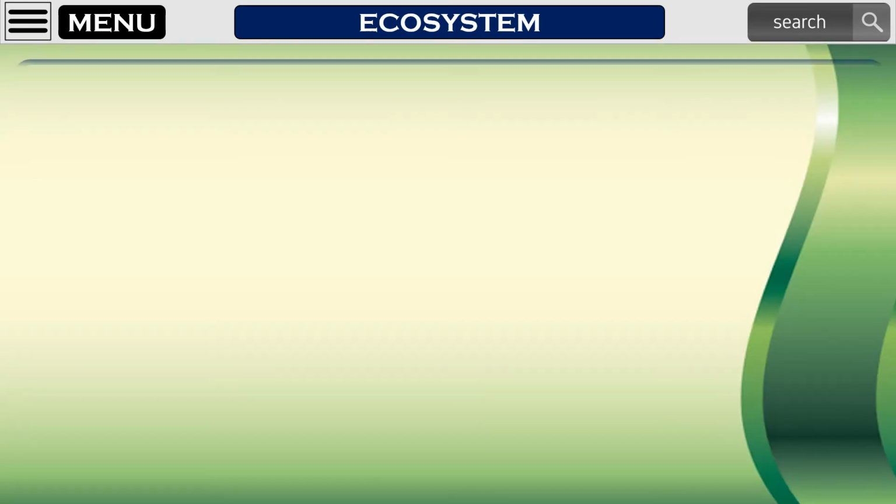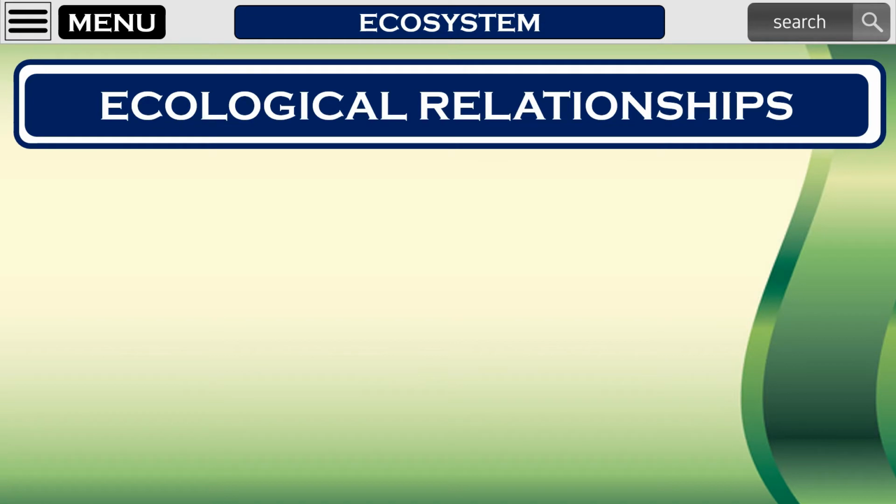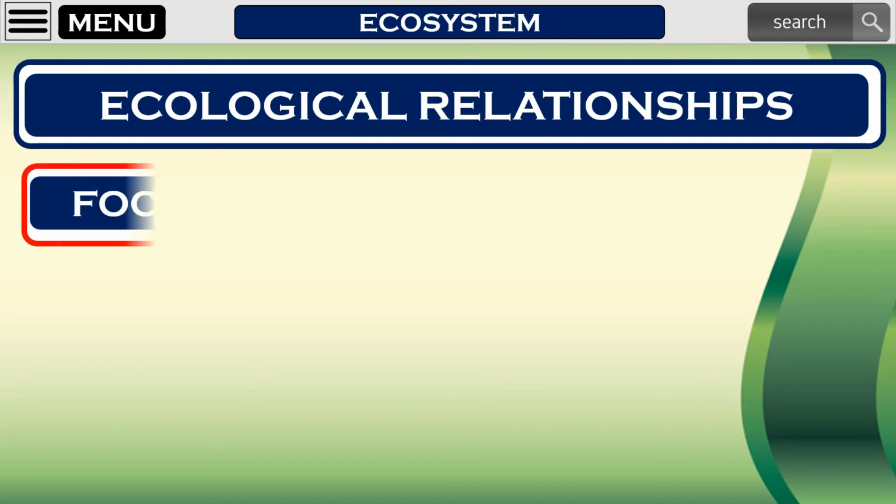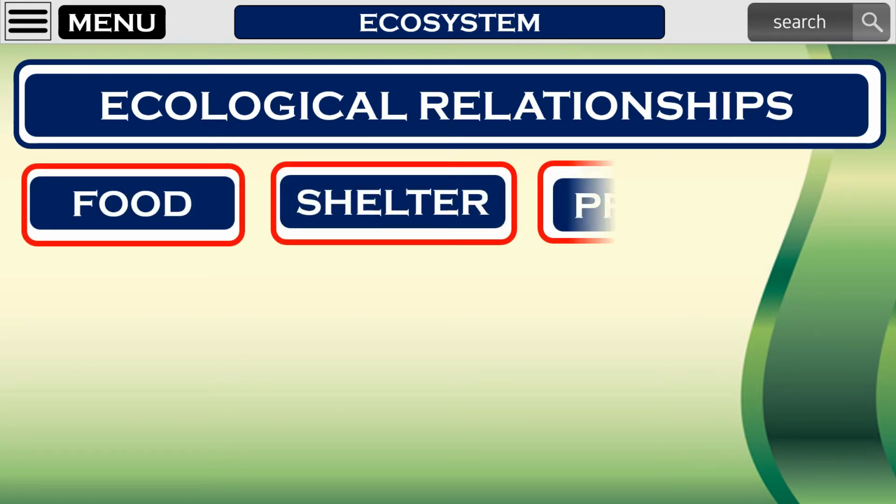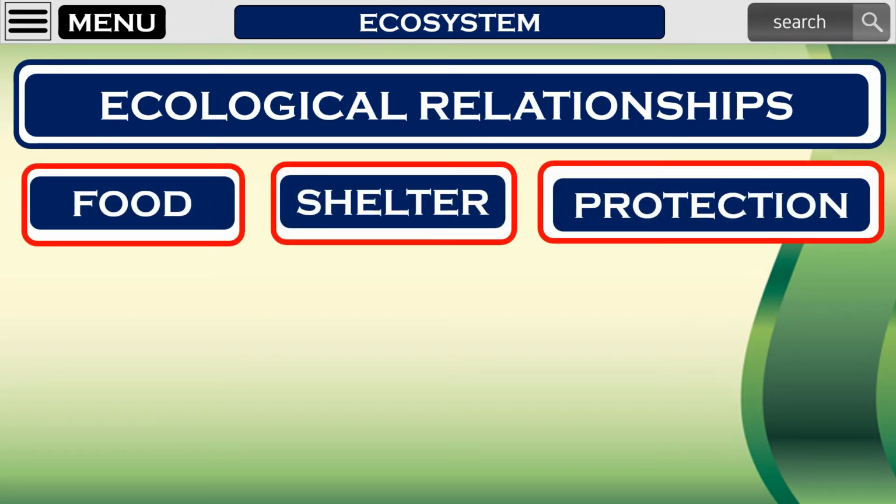When we say ecological relationships, this describes the interaction between and among organisms with their environment. Interactions and relationships exist in an ecosystem in search for food, shelter, and protection. In a community, interactions within and among populations may have important influences on the death and birth of organisms, and on the population's growth and size.